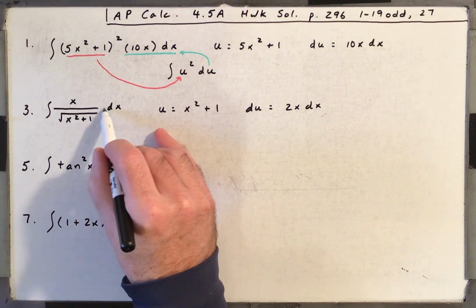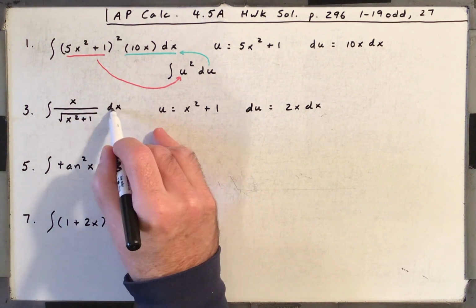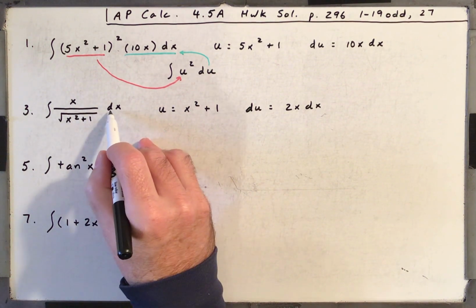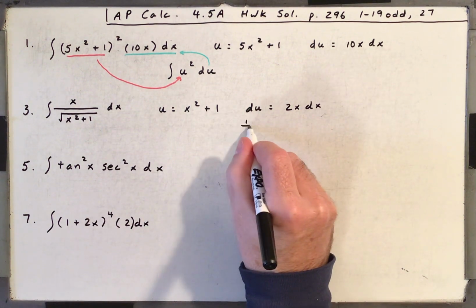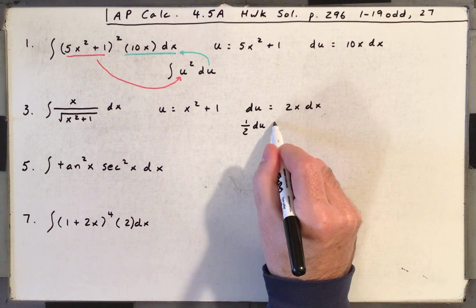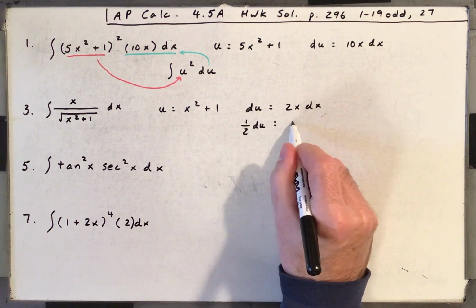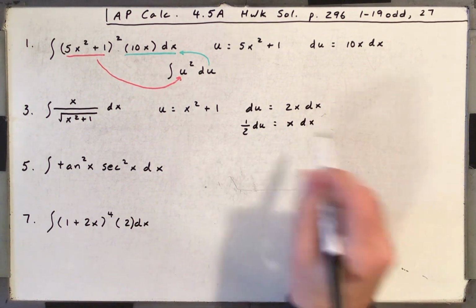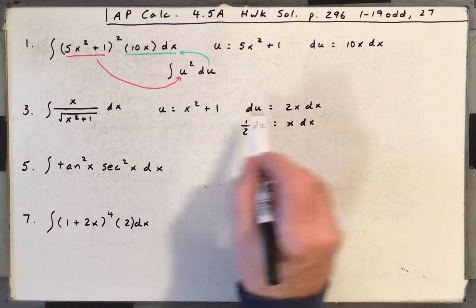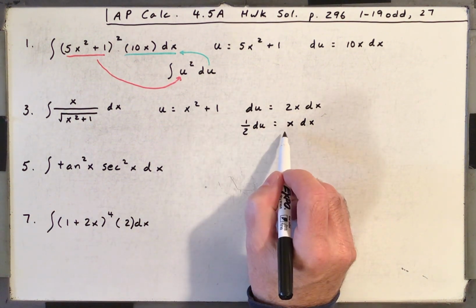So remember, the dx is out here, but it's really on top. It's multiplied by x, okay? So we can adjust and say 1/2 du, if we divide both sides by 2, is equal to x dx, and that's what we want. Okay, so that answers the question from the book.